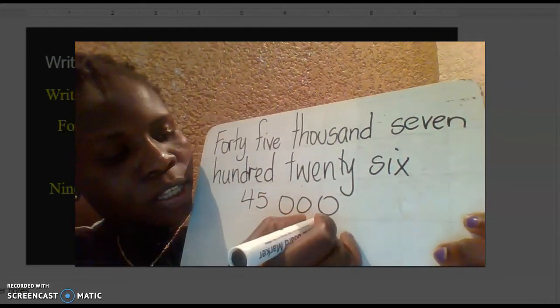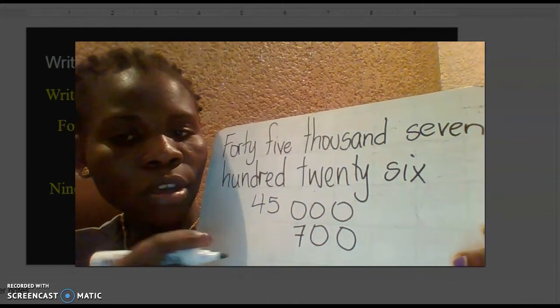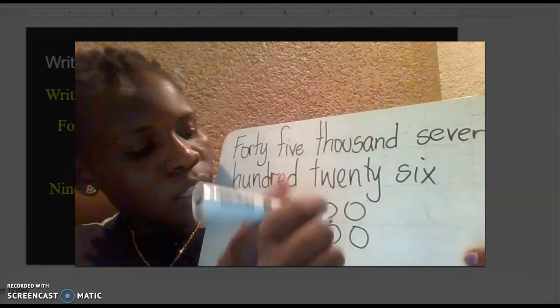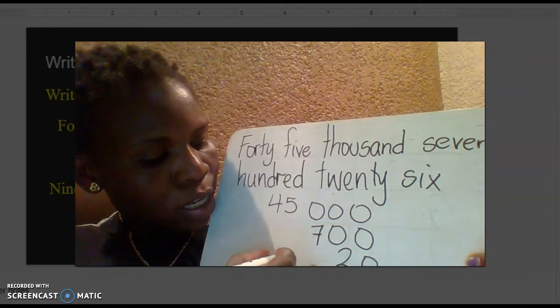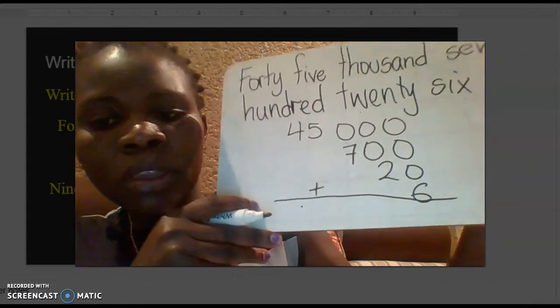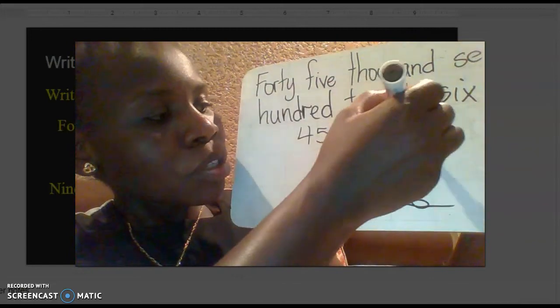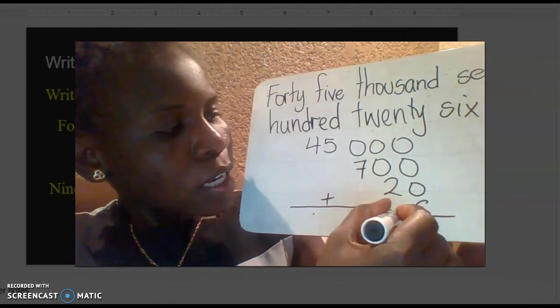Then the next one is 700. 100 has 2 zeros. Then 26. So it means I have written them in expanded form. The next thing I'll do, I'm going to add all the units. I get 6. I add all the tens, I get 2.